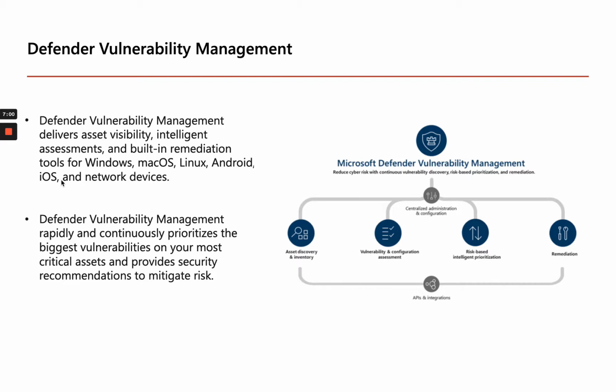So you can do something with it. And that's where the vulnerability and configuration assessment comes in. So you can actually do it yourself. A lot of the time your job as a security operations analyst is to take the logs and analyze whether something is going on or not, right? That's where the query language will kick in. So you have to get a little bit comfortable with that aspect.